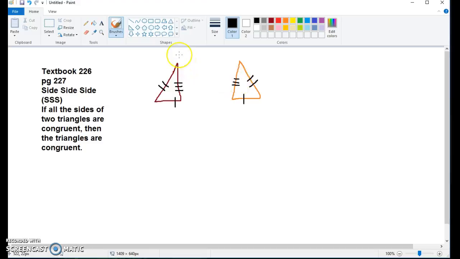So let's just pick some random letters, D, E, and F, and X, Y, and Z. So I have that DE is congruent to XY.